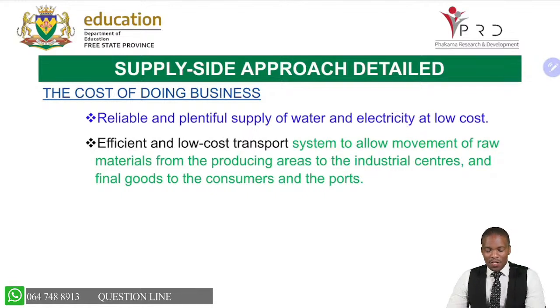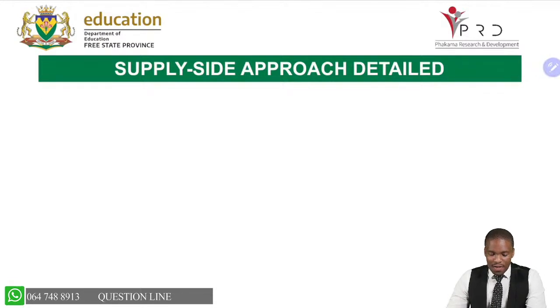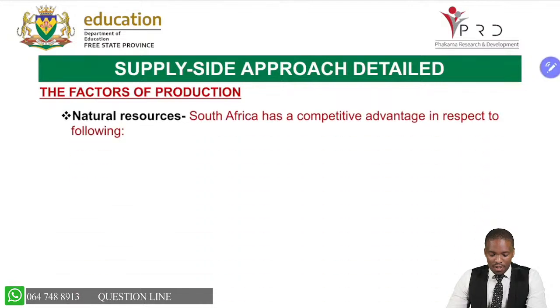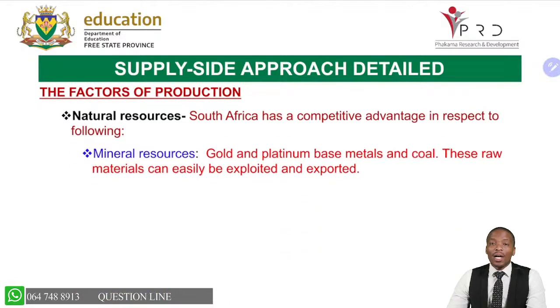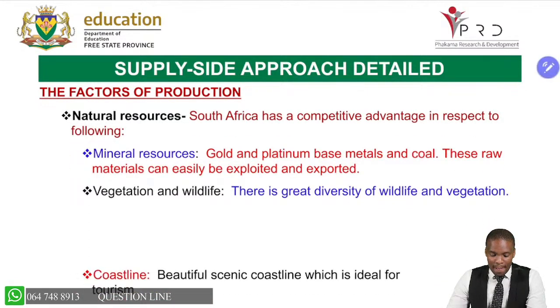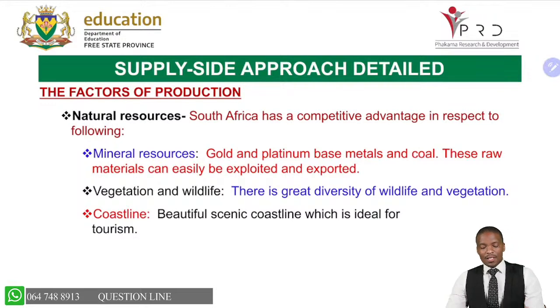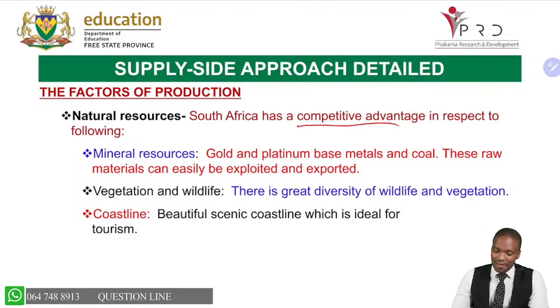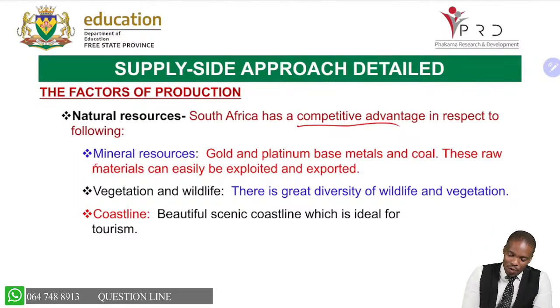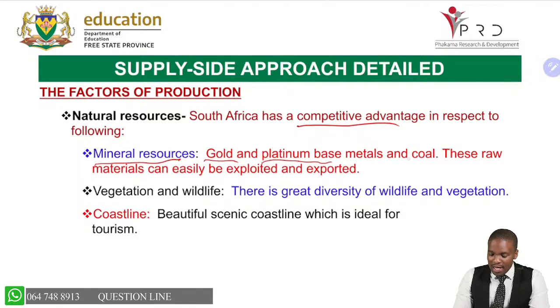We've mentioned the issue of efficient water and electricity at low cost, the issue of factors of production as natural resources can also play a part in here. Here we are saying in South Africa, we are very rich when it comes to minerals, and we have got a competitive advantage in respect of those minerals, your gold, your platinum, base, as well as coal.